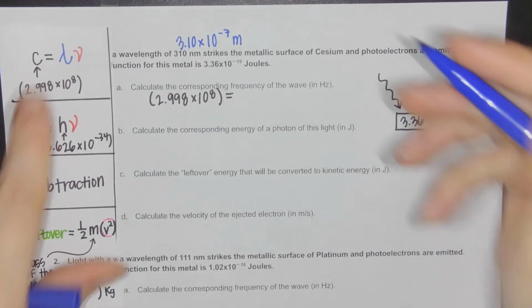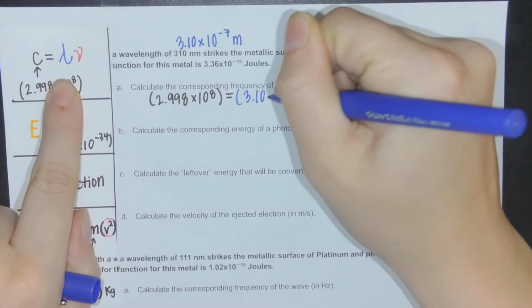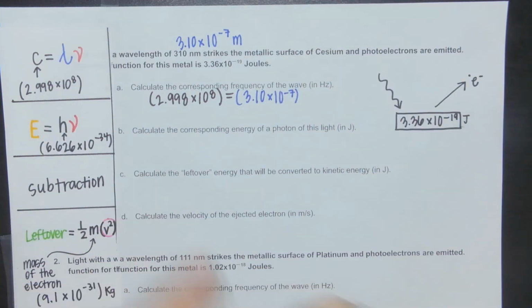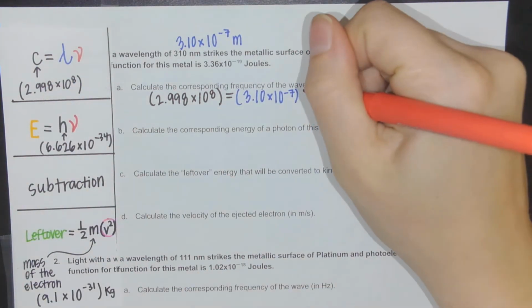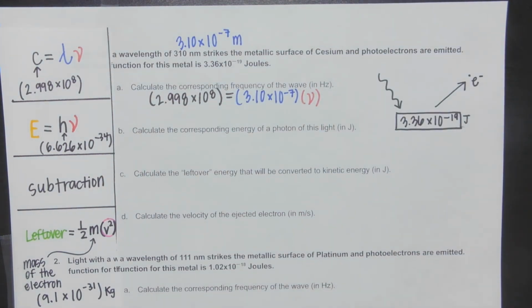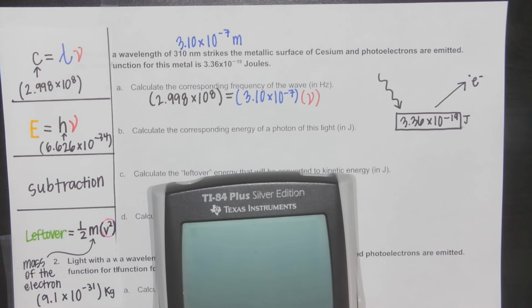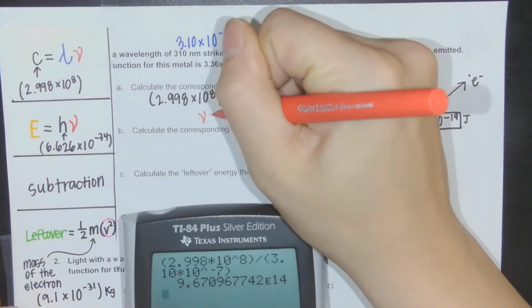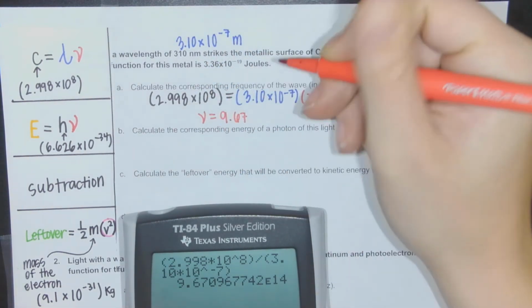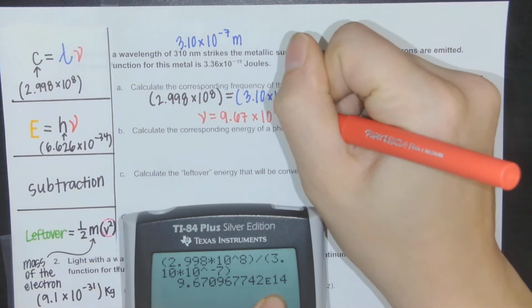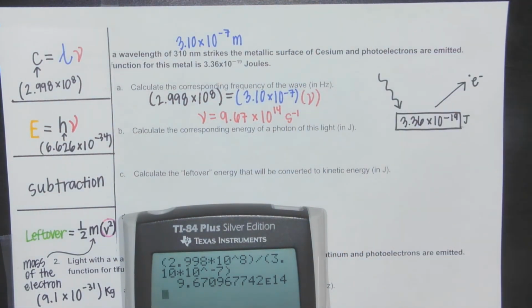Speed of light equals that wavelength times the frequency, which I'm trying to find. I'm getting that my frequency is 9.67 times 10 to the 14th power inverse seconds.